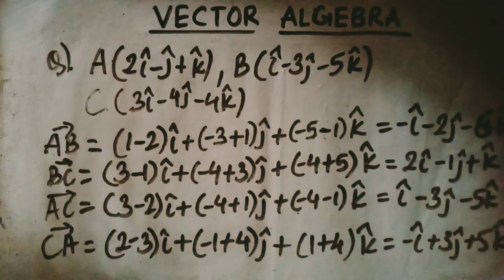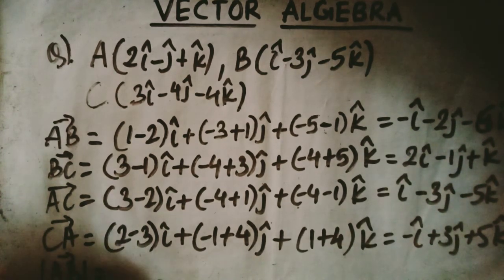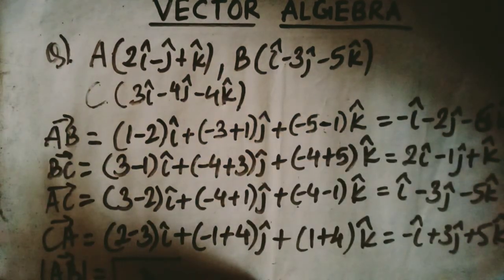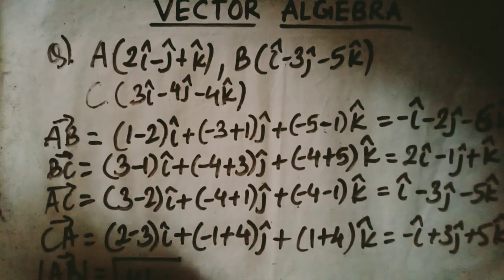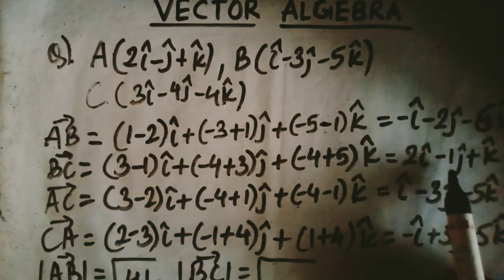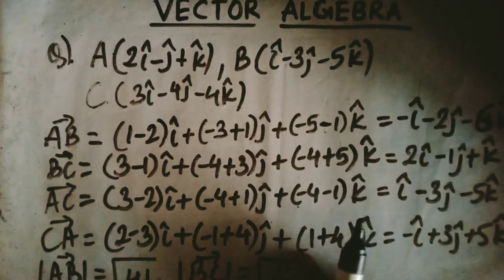So when you take the magnitude, AB magnitude, let's see what it is. Root of 1 plus 4 plus 36, so 5 plus 36, 41. Then BC, root of 4 plus 1, 5 plus 1, so 6, root 6.